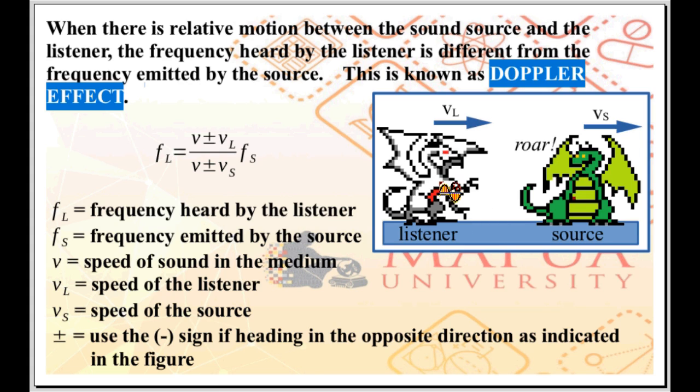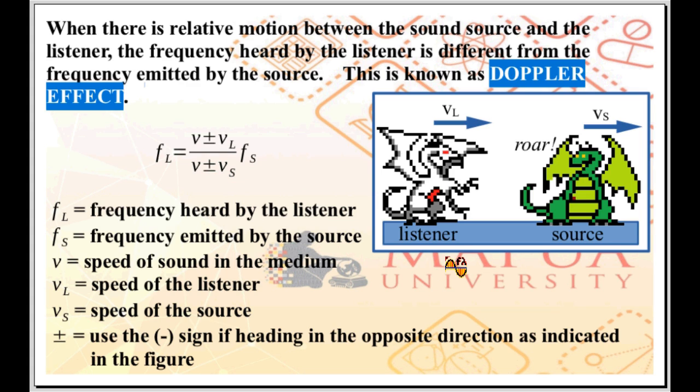For instance, the listener in the figure is moving to the right at speed Vl, but if the problem presents a situation wherein the listener is instead moving to the left, use minus sign. So, V minus Vl. The same goes for the source. The source in the figure is moving to the right. If the problem presents a situation wherein the source is instead moving to the left, use minus sign. So you have V minus Vs.